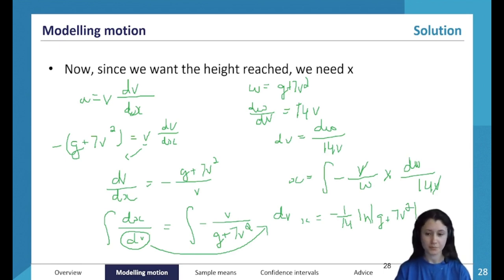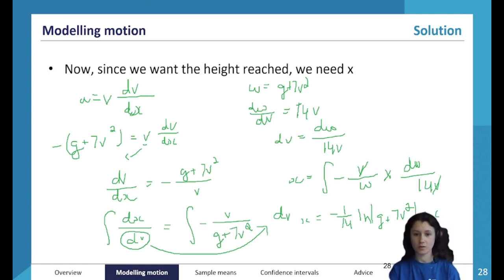Alright, now our initial condition to find C is actually quite simple, because we know that the particle, when it was initially thrown, was at rest.